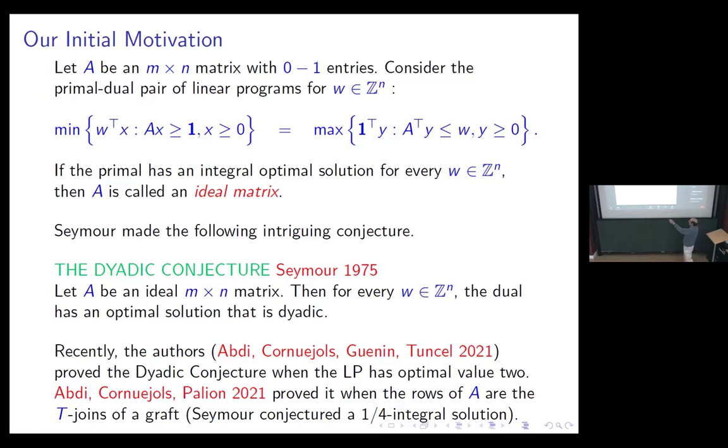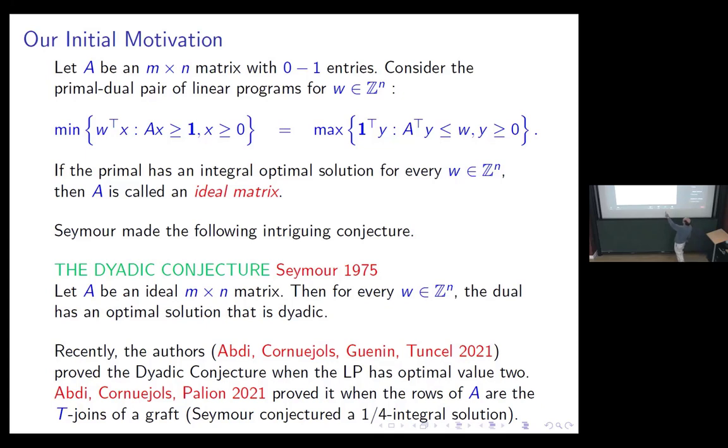And Seymour made a very intriguing conjecture in the 70s, saying that if this matrix A is ideal, then the dual always has an optimal dyadic solution.